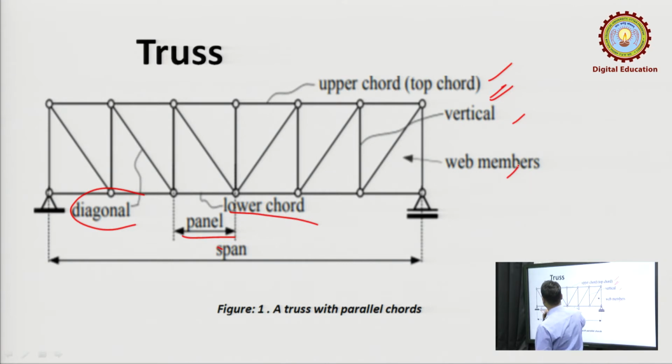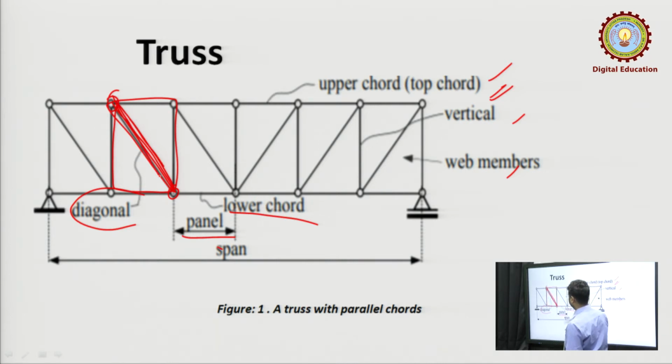In this particular frame, if a diagonal member is joined here, it is called a diagonal, and the distance between two hinges is called a panel.